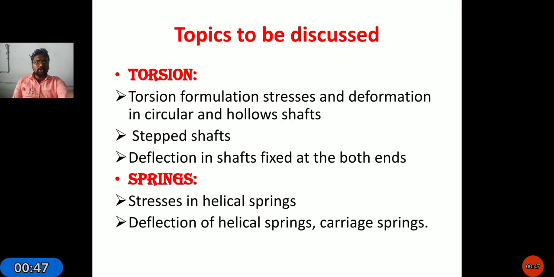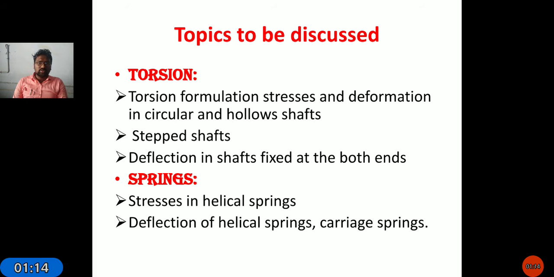Coming to the topics to be discussed, in this unit we mainly have two topics, that is torsion and springs. In torsion we will discuss torsion formation, stress and deformation in circular and hollow shafts. Generally we use circular shafts, solid and hollow.